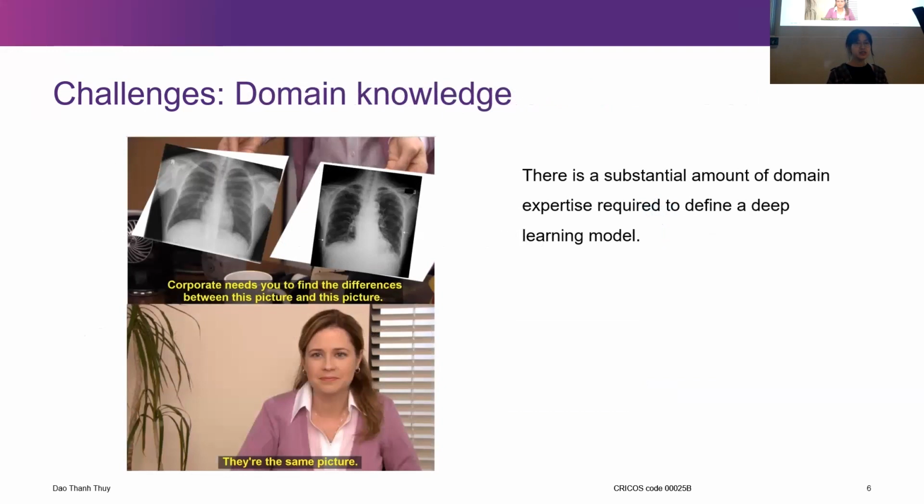Another difficulty is that researchers who develop the model may not have as much experience as medical experts to do the diagnosis. So they have to depend on a lot of different metrics, and the metrics might not be comprehensive enough to validate the models and give the best accuracy.